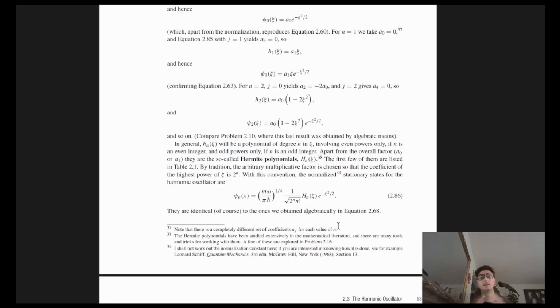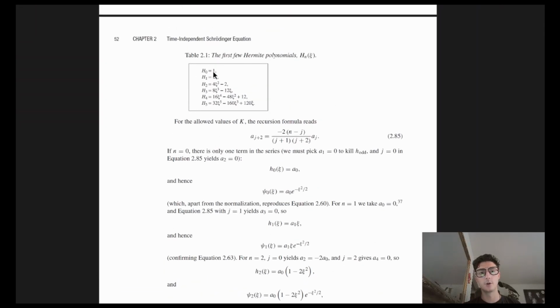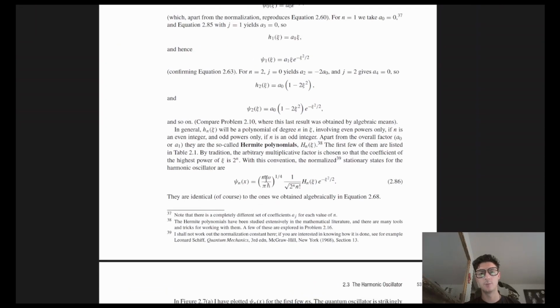Another way of doing it is the algebraic method. You factor the Hamiltonian into 2 things, which we will call the raising operator and the lowering operator. And through some arguments, you can also get the solutions here, and you get them in terms of raising and lowering operators. So you have the ground state psi. Basically, you plug in 0 here, you get 0 for the Hermite polynomial. The 0th Hermite polynomial is just 1, and then you simplify a bunch of things here.